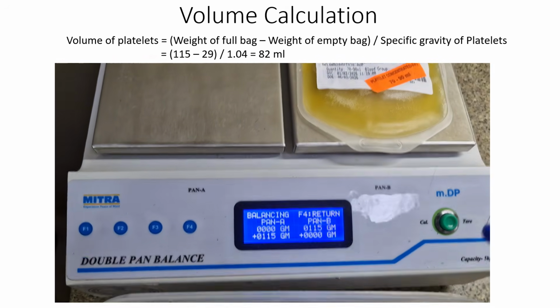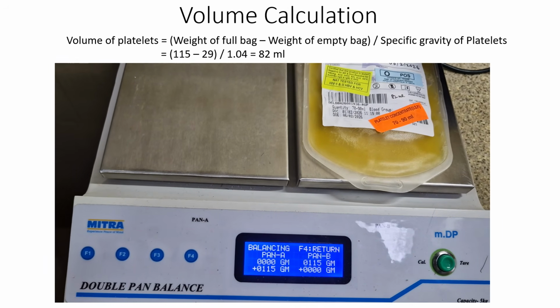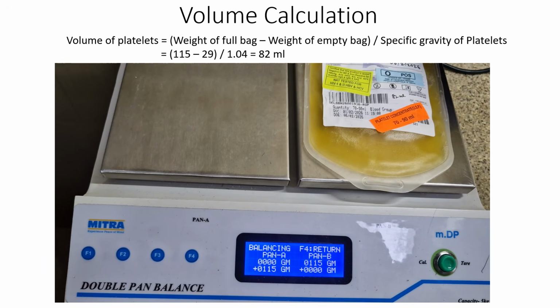Volume of platelet is calculated as weight of the full bag minus weight of the empty bag divided by the specific gravity of platelets. Here, the weight of the full bag is 115 grams and the weight of an empty bag is 29 grams, which when divided by the specific gravity of platelets, which is 1.04, gives a volume of 82 ml, which is in the range of 70 to 90 ml.